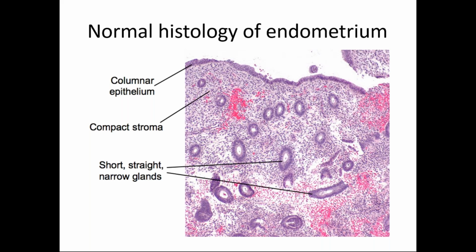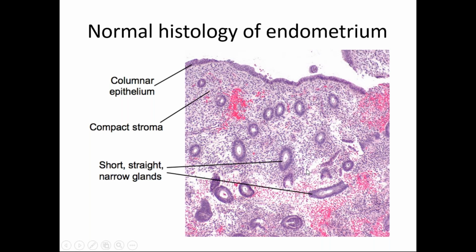Proliferative endometrium we can see in the proliferative phase of the cycle by the action of hormone estrogen. In proliferative endometrium, these glands are proliferating and there will be increased gland to stromal ratio with compact stroma in between the glands.